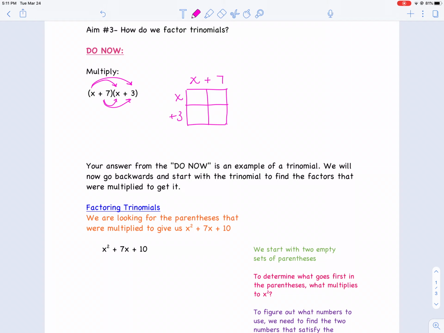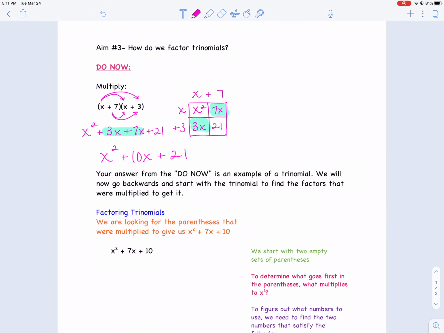Either way you do this, you get x squared, 3x, 7x, and 21. When you simplify your like terms, you wind up with an answer of x squared plus 10x plus 21.